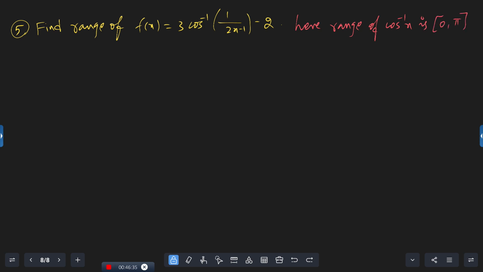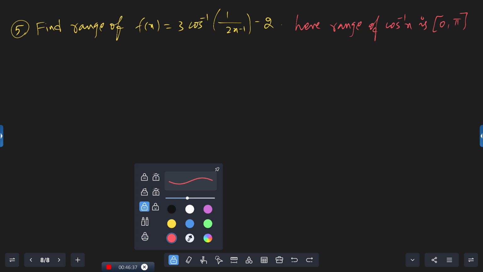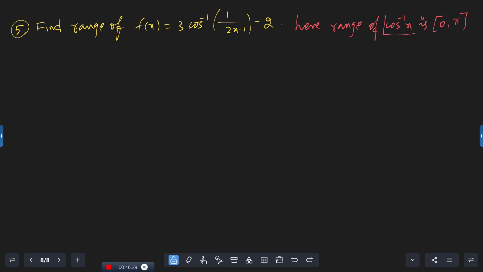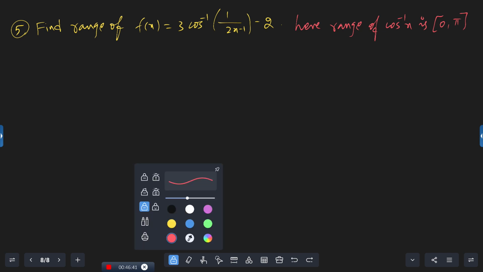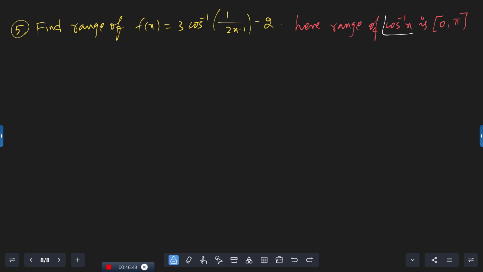Listen carefully. Here, for range, we have to take the whole expression. So this means 0 less than or equal to cos inverse x less than or equal to pi. If you are taking x alone, that is the domain.